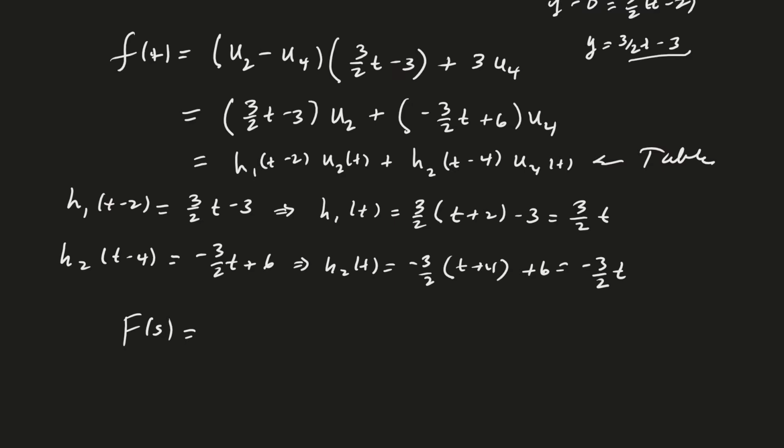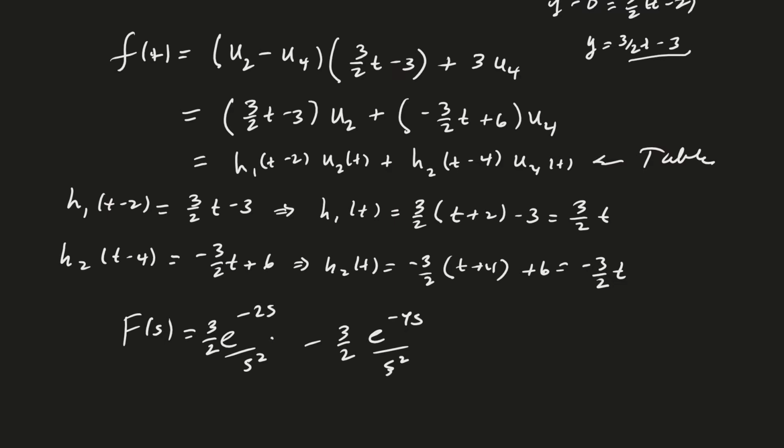Okay, so now we see what our F of s is. It's just going to be e to the minus 2s times 3/2, and then 1 over s squared, minus 3/2 e to the minus 4s over s squared. Good.